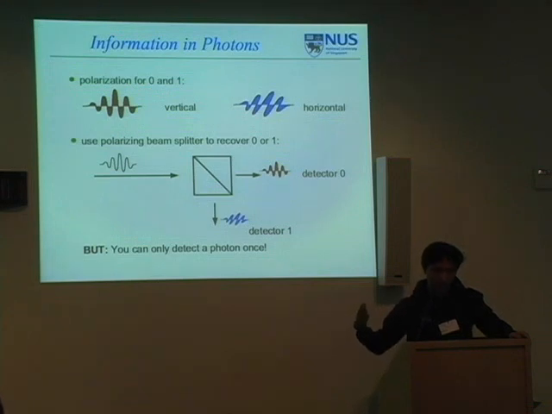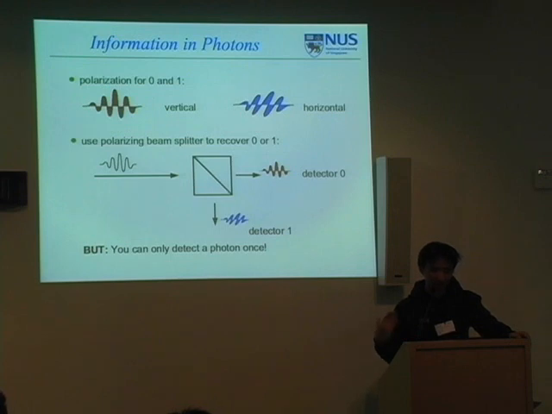The polarization state of a photon can be viewed as whether the electromagnetic wave is vibrating vertically or vibrating horizontally. So when I send a photon in the vertical polarization state, vibrating vertically, I will encode a 0 bit. And when it's vibrating horizontally, I will encode a 1 bit.